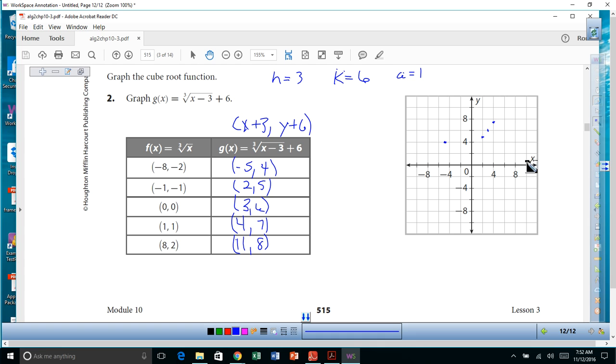And 11, 8 would be right there. So let's draw that. And it looks something like that right there. Not too bad.